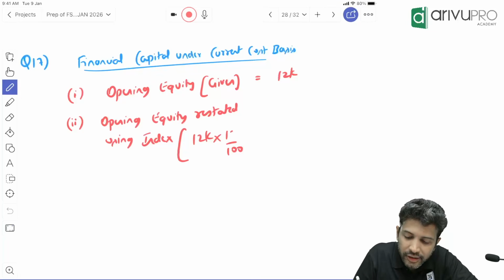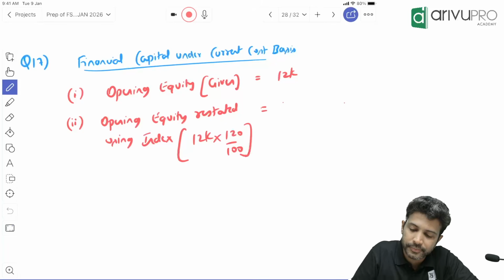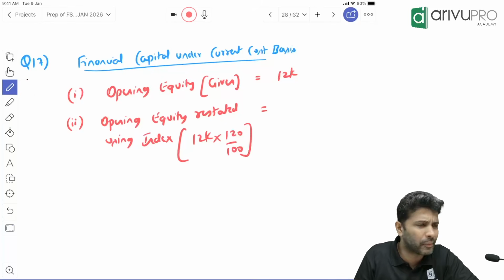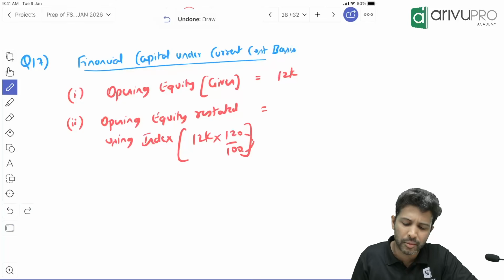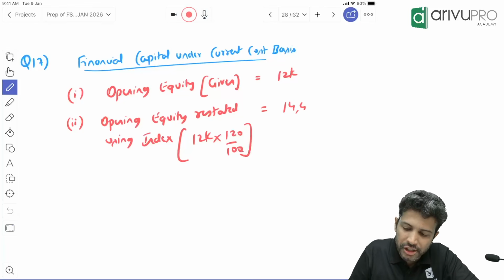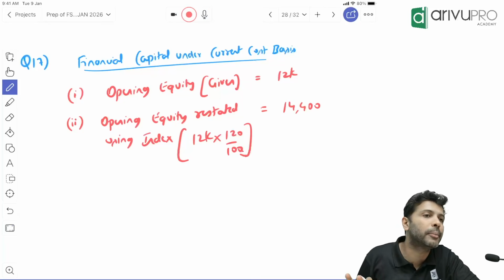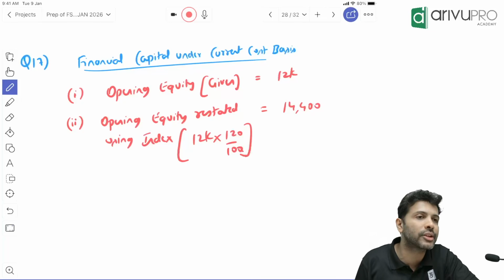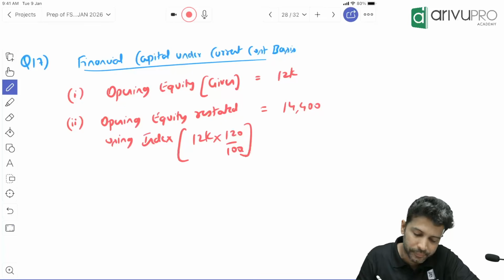Now the index is 120. How much is this? 14,400. There are multiple ways to calculate. From 100, if the index has become 120, that means a 20% increase. You can add 20% of 12,000 and you will get the same number. That way is also okay. I believe in the proportionate method of doing it. Easy now, people. First, you restate your opening capital using the index or price, whatever they have given.